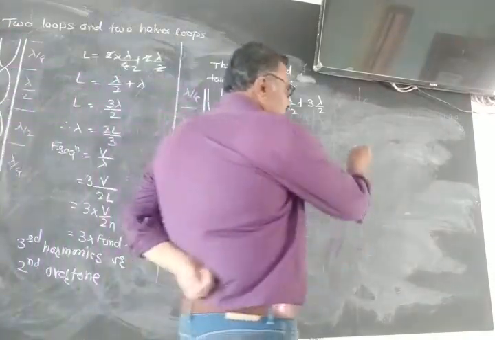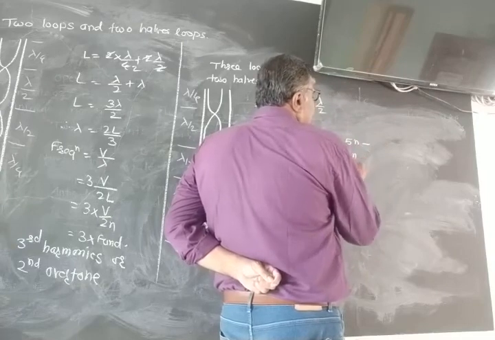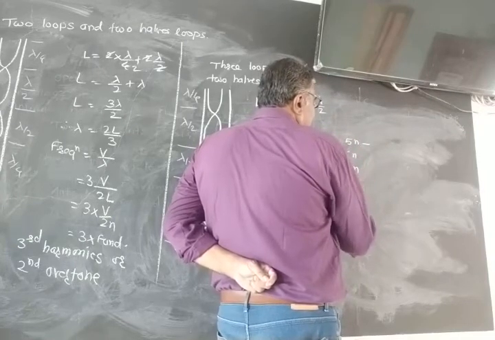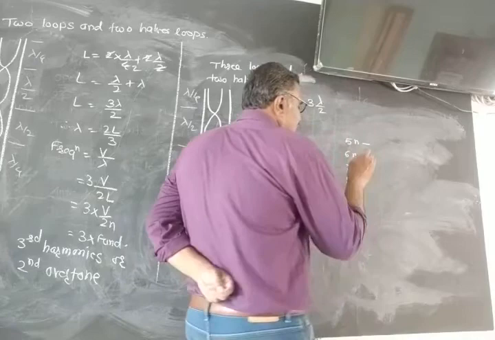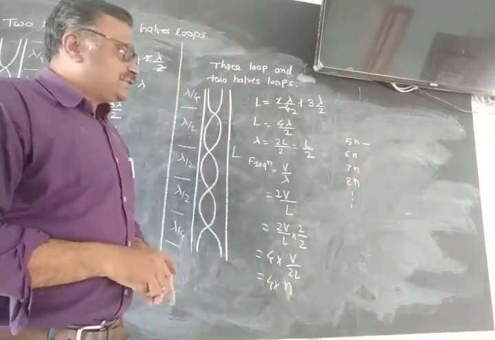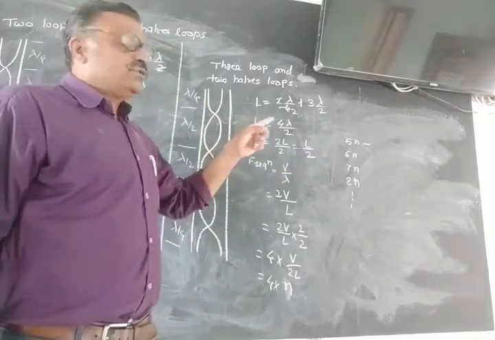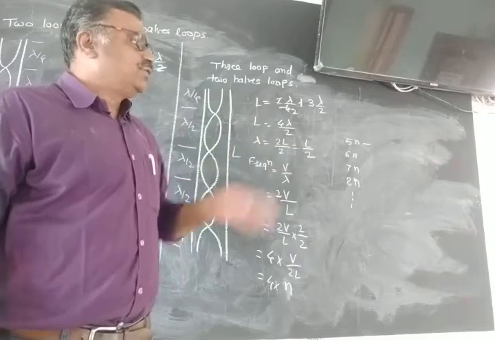Next higher frequency is equal to 5 times N, 6 times N, 7 times N, 8 times N, and so on. 5 times N is known as frequency of fifth harmonic or frequency of fourth overtone, and so on.